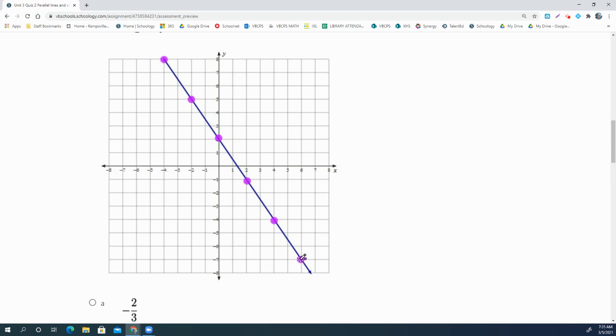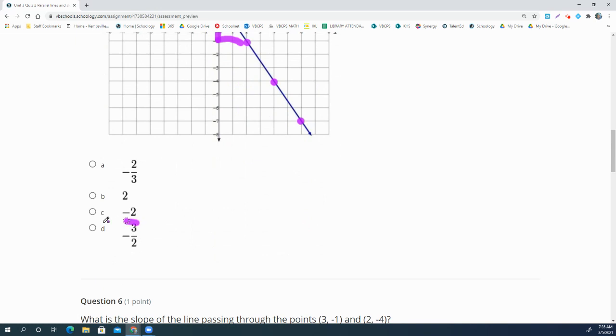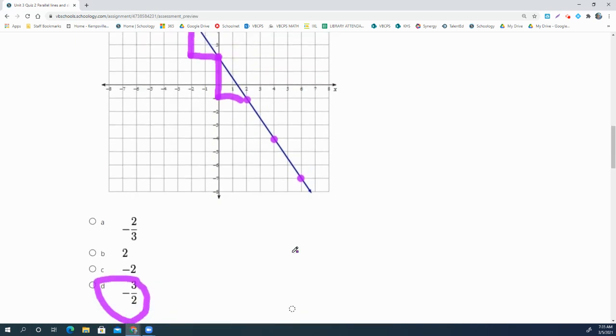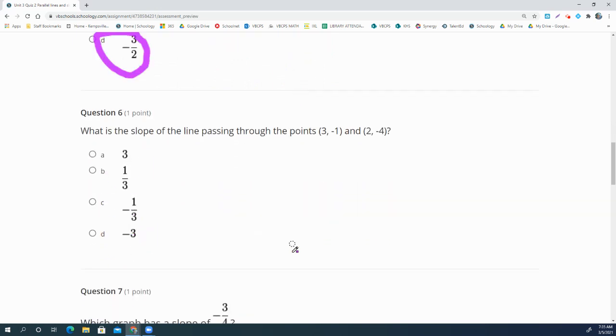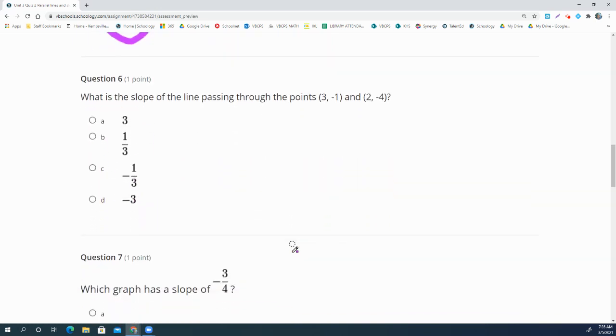It's a 6-way intersection. So what's the pattern to go from one point to the next? And it's the same pattern for all of those points. Negative 3 over 2. Okay, everybody see that? What do we have to do here for the slope? What's the math?